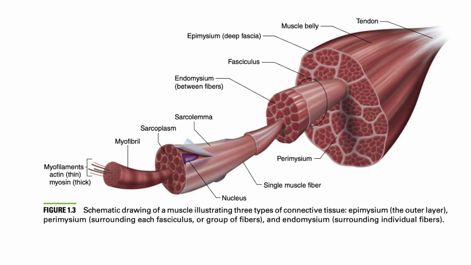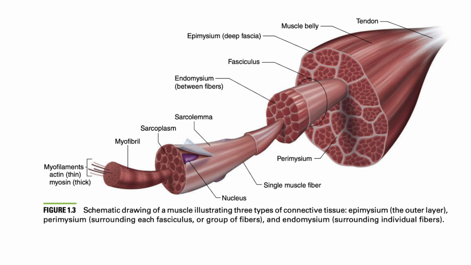So here is a smaller scale picture, right? We looked at the whole body musculature. Now we're looking at individual muscle organ over to the far right of this picture, right? You can see the tendon, you can see the muscle belly, which is essentially our organ, the epimysium, which is that outer layer of fascia. Then you have our bundle or fasciculus, which has about 150 fibers in it.